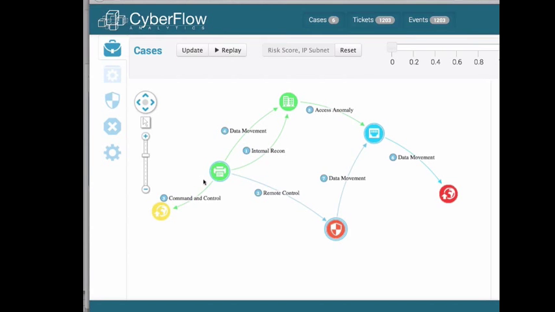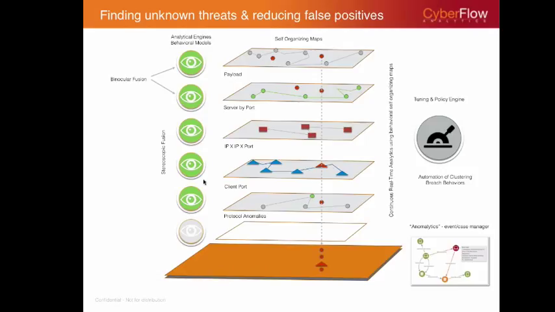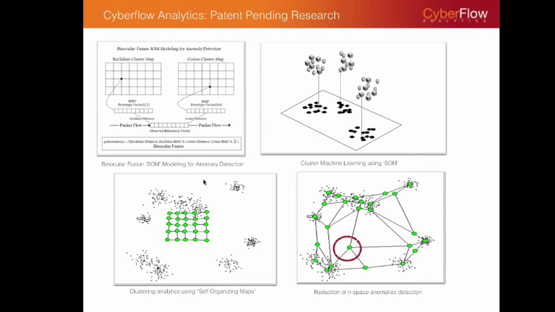Looking at the various models, our mathematical expert, Dr. William Wright, likes to talk about binocular vision and stereoscopic vision, where essentially he's taking the various models, fusing them together, and coming up with an overall score in order to lower false positives and raise only the most interesting events.